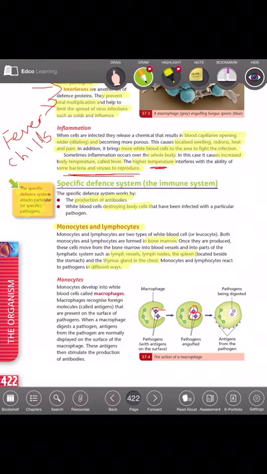Those actually relocate onto the outside of the macrophage that has ingested or digested them. And as a result of that, these antigens that are present on the surface of the macrophage then stimulate the production of antibodies.